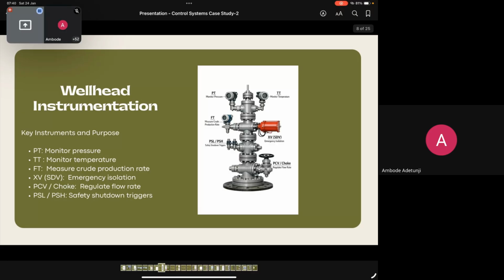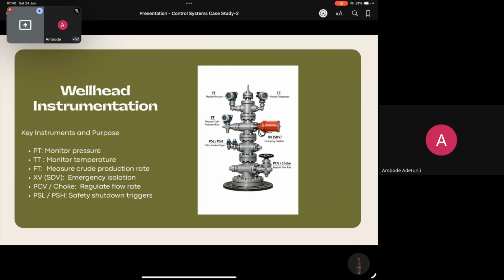So, for example, this wellhead that you have on your screen, sometimes the rated pressure at this place, which we call the tubing head pressure, could be maybe as high as 10,000 psi.